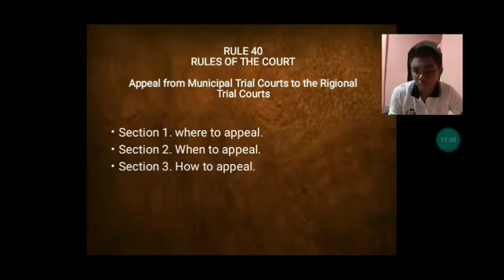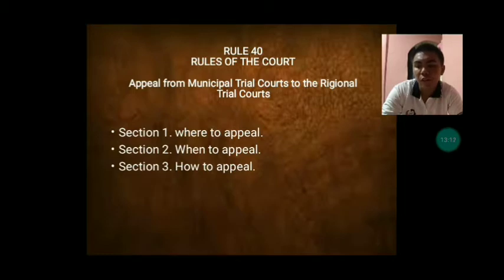Section 2. When to appeal? An appeal may be taken within 15 days after notice to the appellant of the judgment or final order appealed from. Where a record on appeal is required, the appellant shall file a notice of appeal and a record on appeal within 30 days after notice of the judgment or final order.